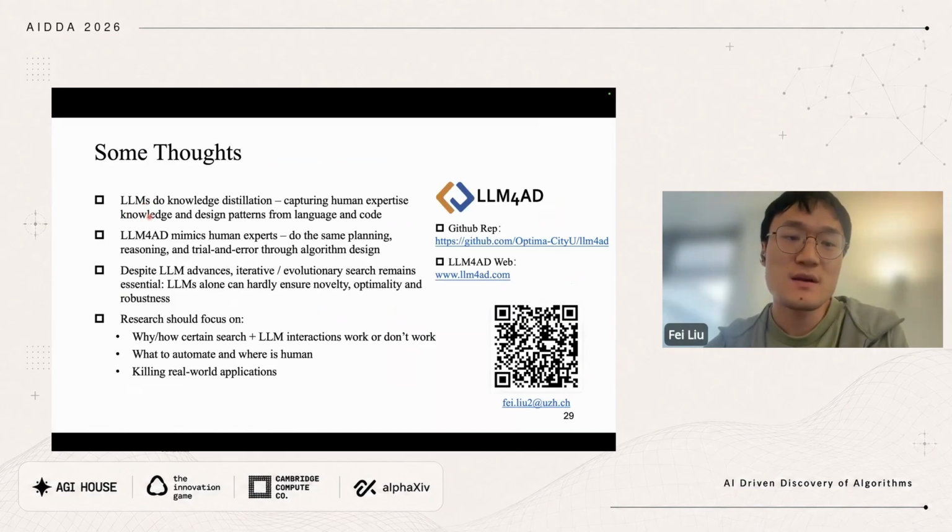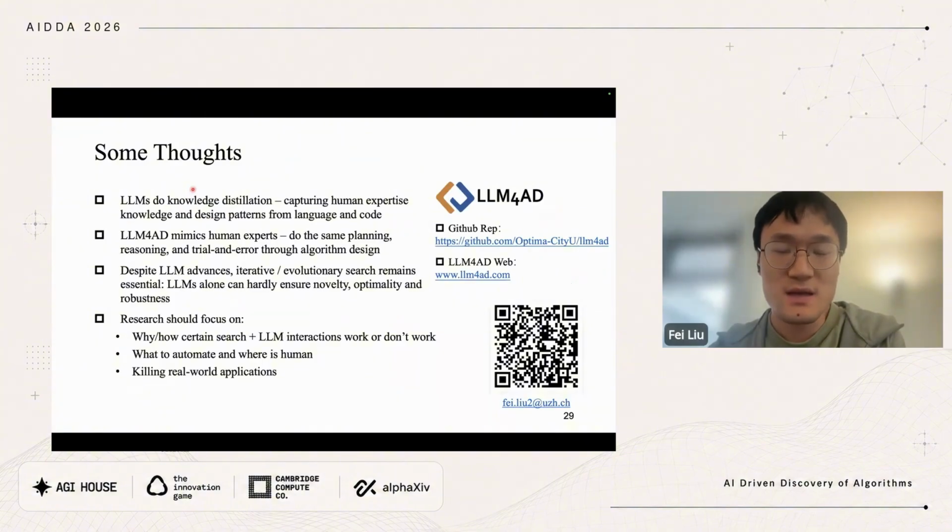I think there are two main components in this pipeline, in this approach, right? The one is LLMs, the other is the iterative search, usually evolutionary search, but not always. In this paradigm, LLMs mimic human experts with some domain knowledge for code and language generation, and the iterative search process mimics the trial and error of human experts.